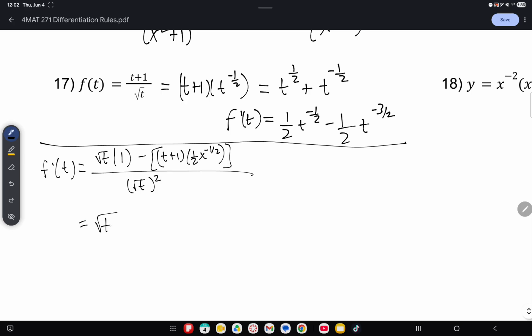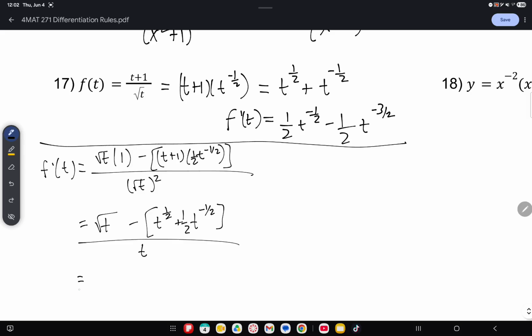So we'd get the square root of t minus, and I'll simplify this first. So we have, oh, that's supposed to be a t, not an x. So that would be t to the 1/2 plus 1/2 t to the negative 1/2 all over square root squared is going to leave me with t.